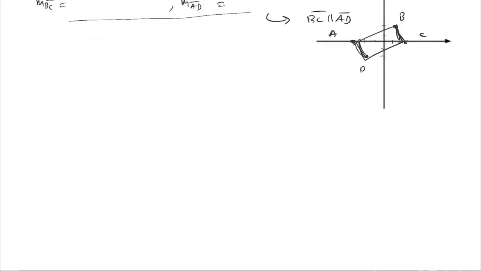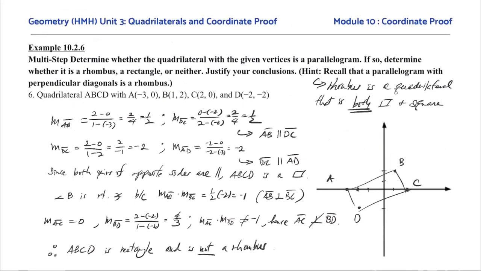Okay. What you should have had was, this is half and half, therefore they're parallel. -2 and -2, so they're parallel. Since both pairs of opposite sides are parallel, ABCD is a parallelogram.